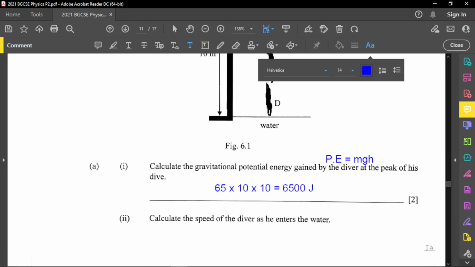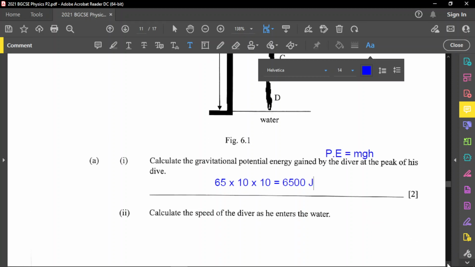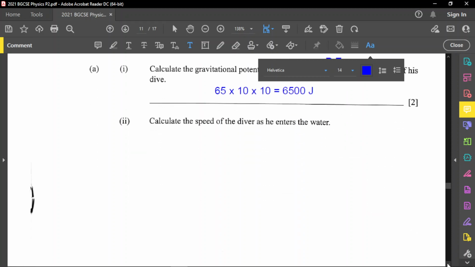Now part 2 is to calculate the speed of the diver as he enters the water. What you need to know is that at the maximum height, he has potential energy, but coming down, the potential energy will convert to kinetic energy.